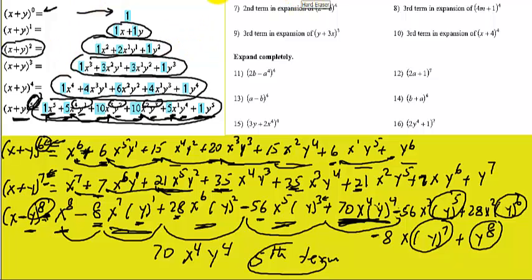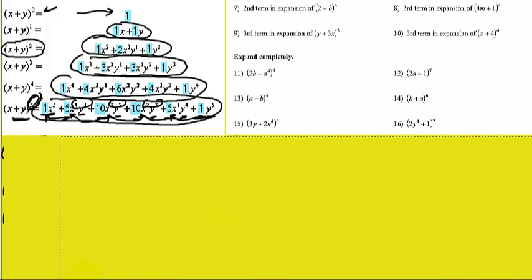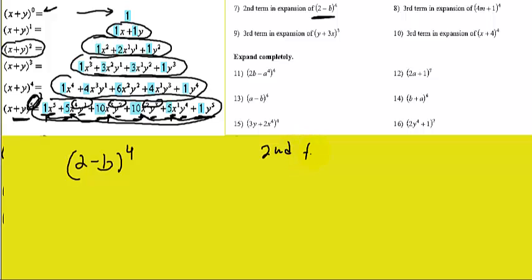Okay, so let's do a few example problems that we have here, and then we're done. So this is not that hard. Alright, let's start with, let's say, 2 minus b to the 4th, and they want me to find the second term.